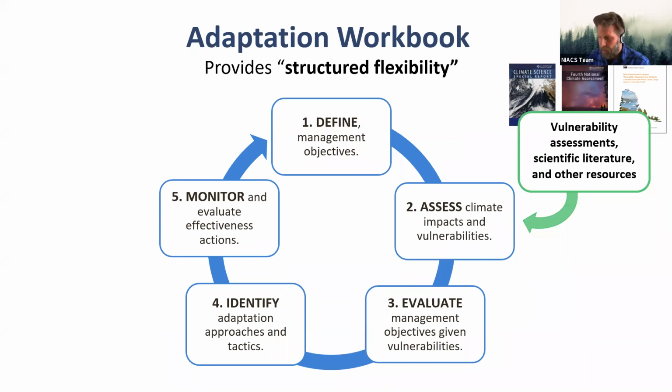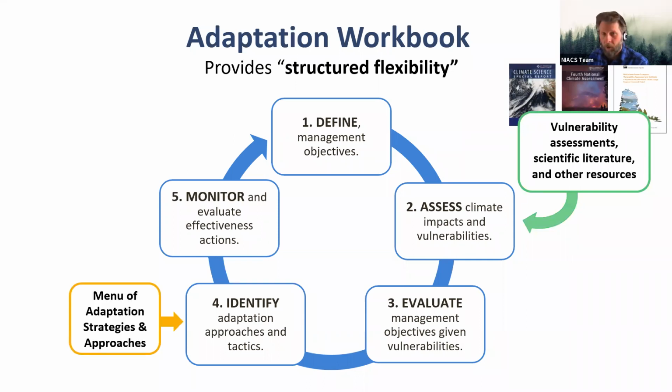Then we go on and evaluate our objectives given those vulnerabilities, and then we dive into using the menus in step 4, and then finally end with thinking about monitoring and how we monitor to evaluate the effectiveness of all of these actions.